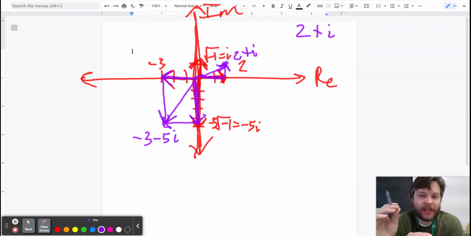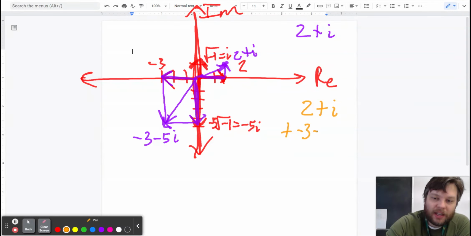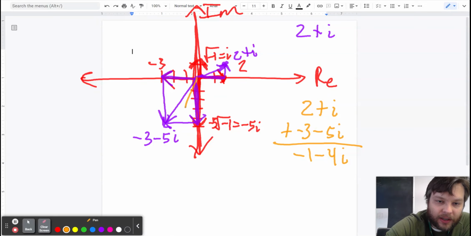And you can even take your 2 complex number arrows and add them together. If I did, for example, 2 plus i, and I added -3 minus 5i, I would end up with -1 minus 4i. -1 minus 4i is an arrow that goes right down here.